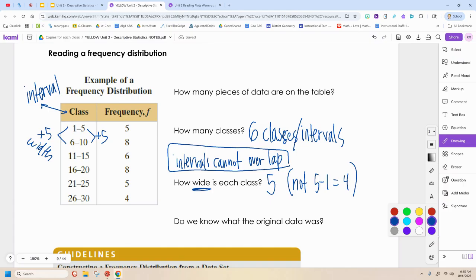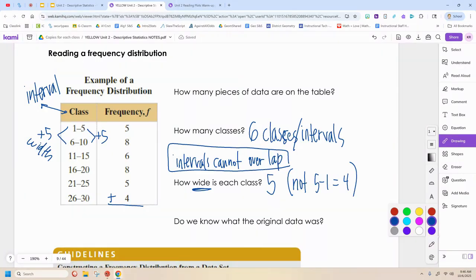Okay, so now we're going to go back up here because this was just all about the classes. How many pieces of data are represented in this table? We got to look at the frequency, right? So there's 5 in this class, there's 8 in this class. How do I find my total number of pieces of data? I add them up, right? Because this is how tall the bars are going to be. Do you see the connection between that and our warm-up?